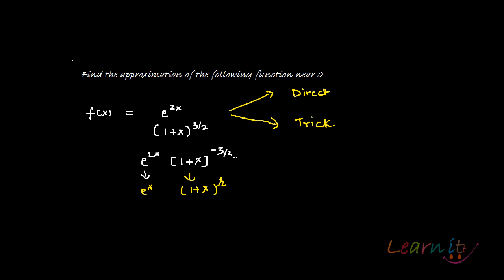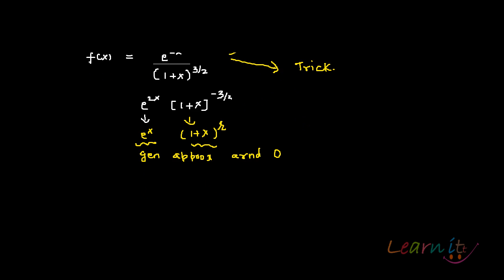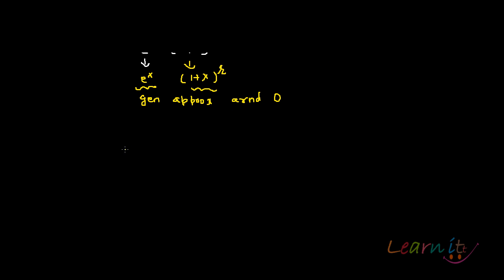Now, in case I know the general formula for approximation of these functions around 0, then if I just multiply both, I should get my answer pretty correct.